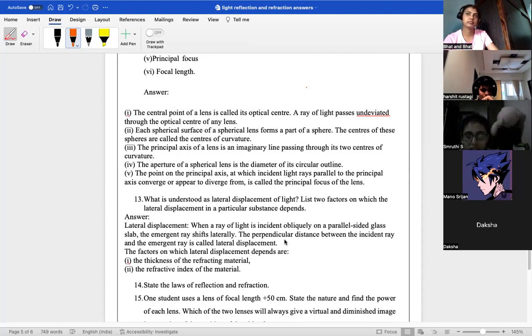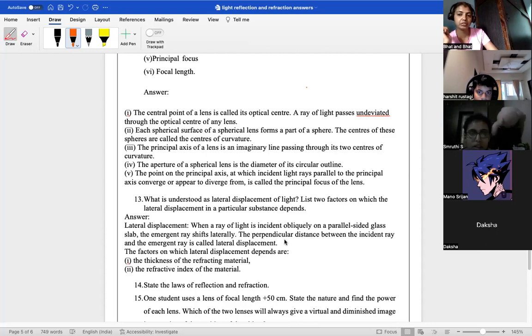Ma'am, the incident ray, the normal and the reflected ray all lie on the same point of the surface. Okay. And one more law is there. For reflection there are two laws, and for refraction also two laws. The angle of incidence is equal to the angle of reflection. Yes, angle of incidence is equal to angle of reflection.